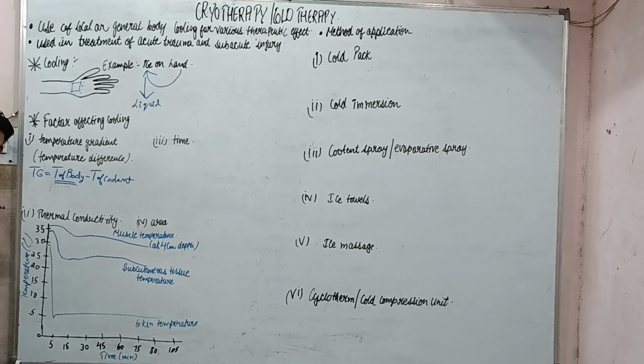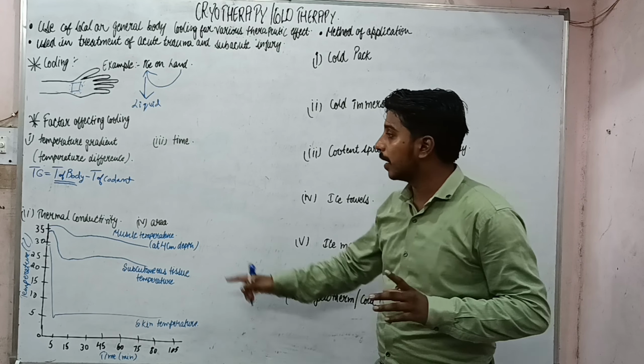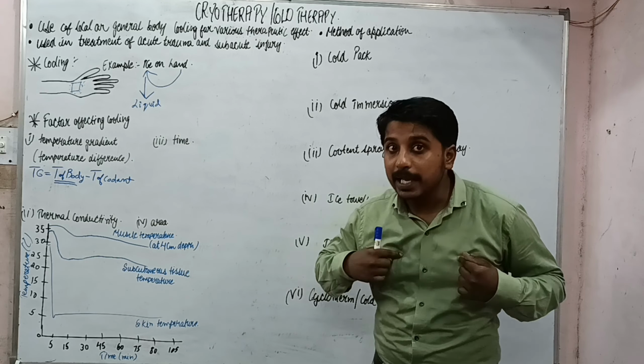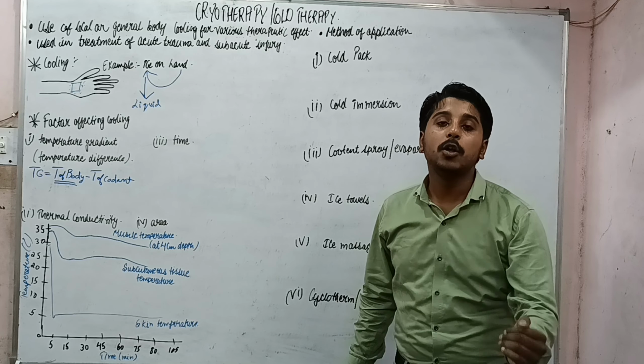Our homeostasis tries to maintain our body temperature at 37 degrees Celsius, so the first term is nearly constant. Now, temperature gradient is directly proportional to cooling: the more the temperature difference, the more the transfer of energy, and the more the cooling. So the coolant temperature needs to be lowered.